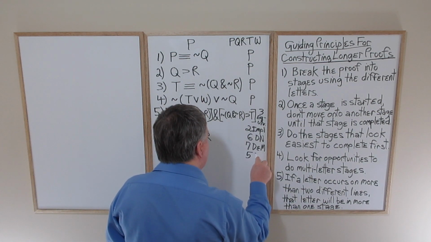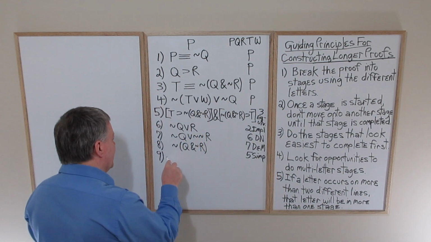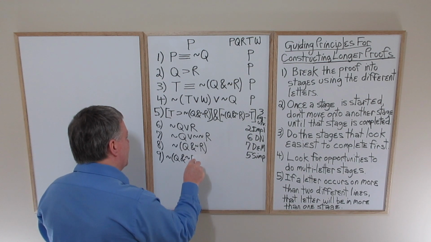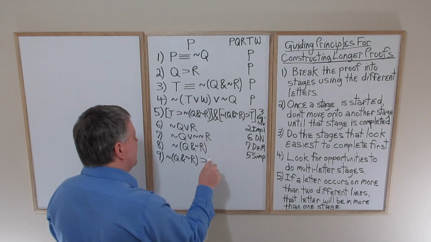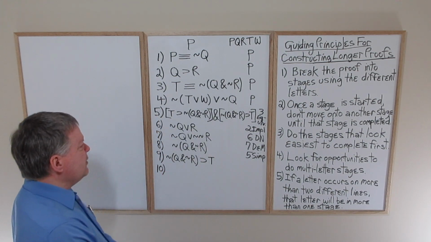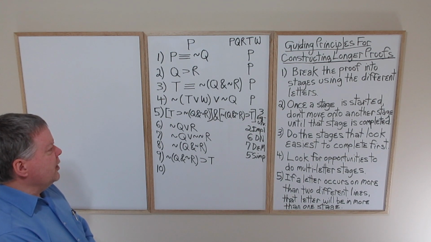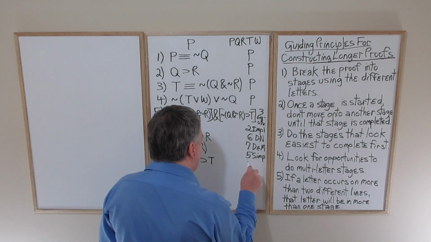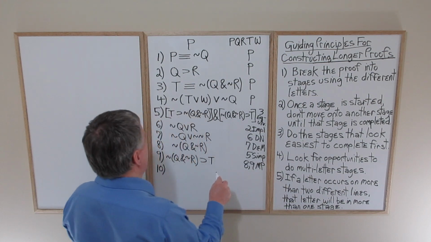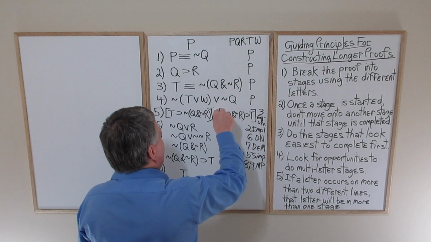So 5 simplification will give us tilde Q and tilde R. If that, then T. So we end the first stage of the proof, which is a double QR stage, with 8-9 modus ponens. So that gives us the simple sentence T.